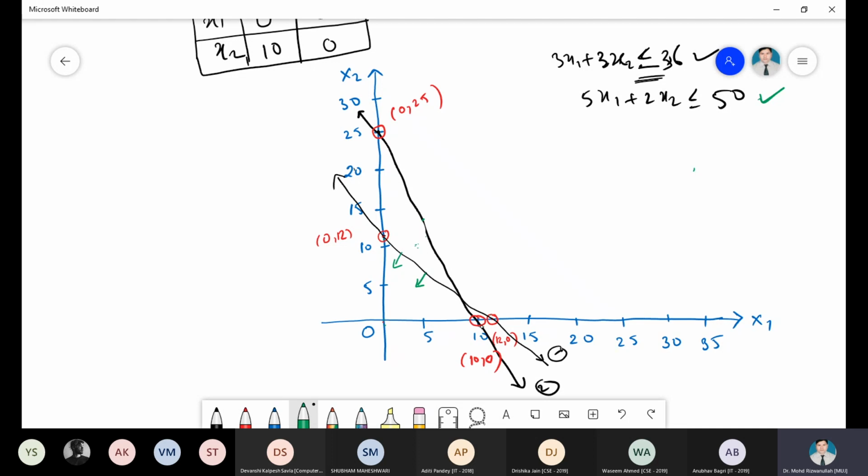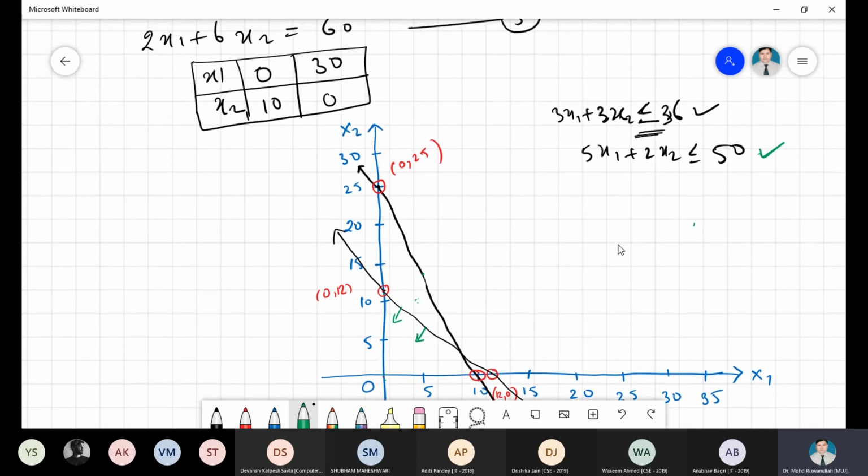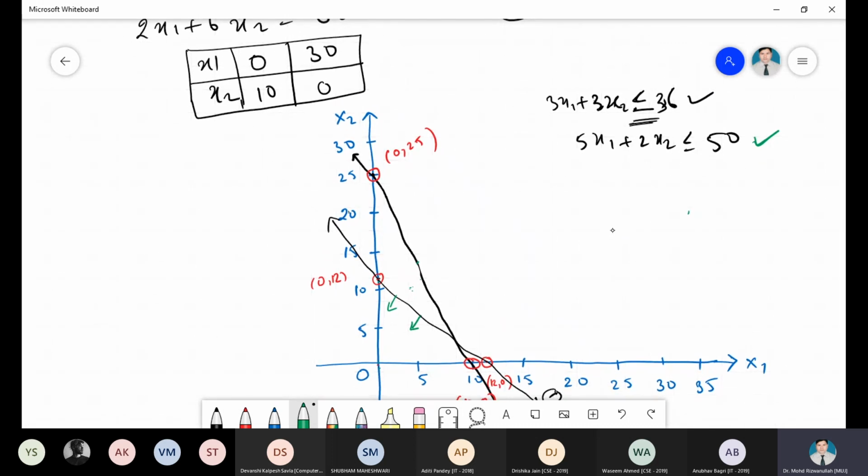Now we'll go for the third equation. The points are 0 and 10, and 30 and 0. This is the point 0 and 10, and this is the 30 and 0 point.